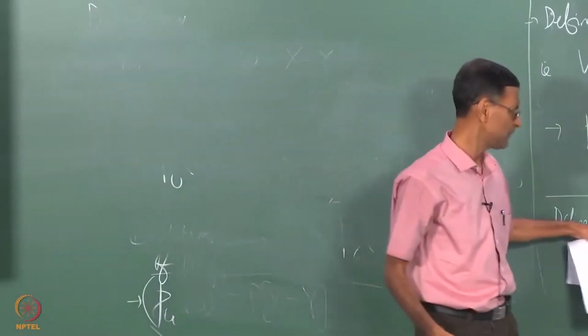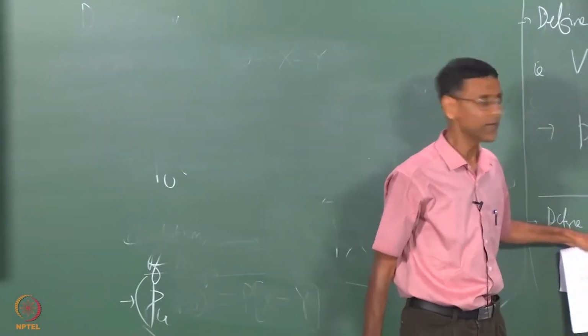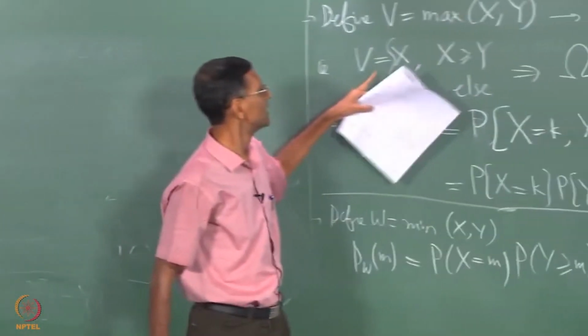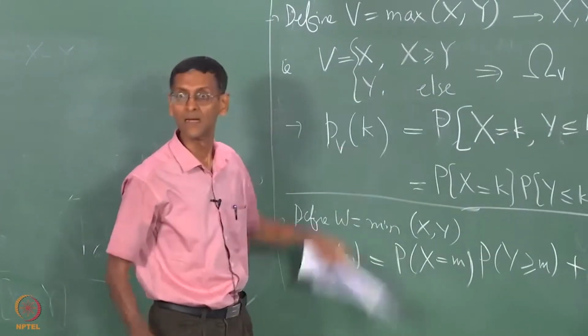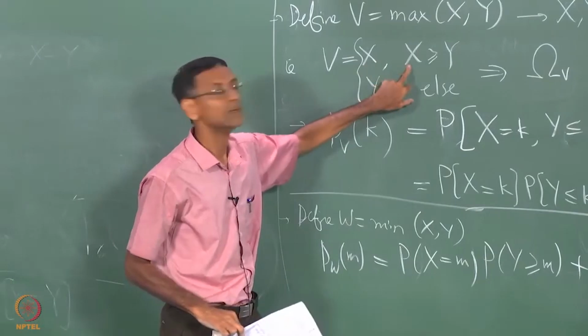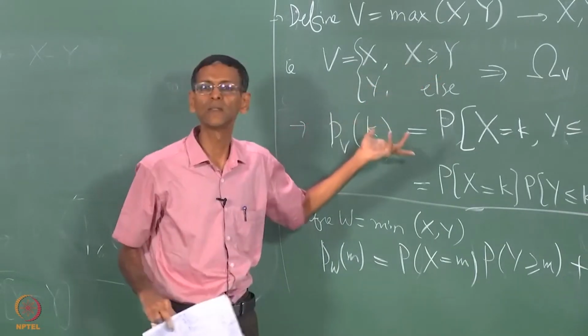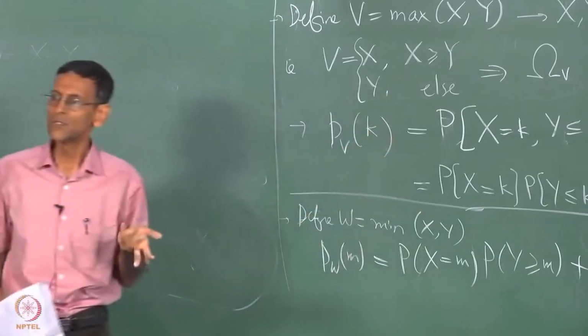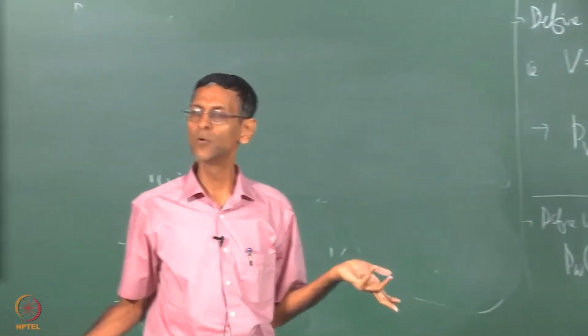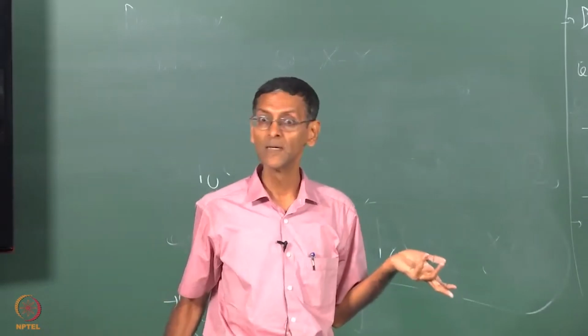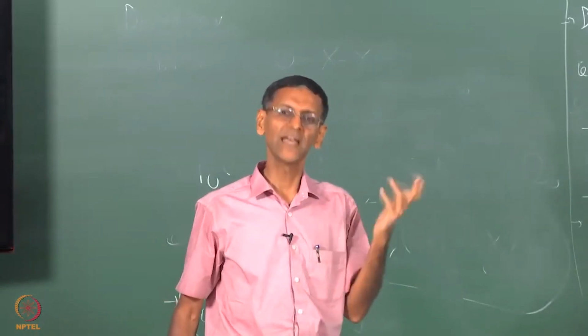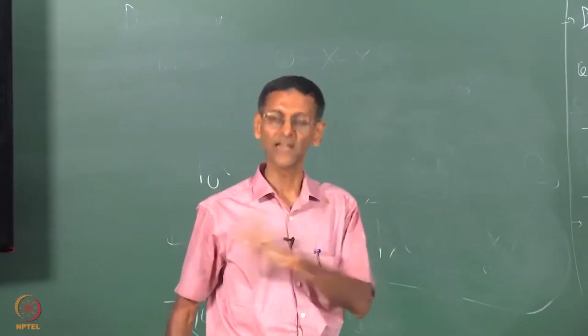I hope, before proceeding further, minimum is okay, right? So how do I define minimum? W equals X for X smaller than or equal to Y, and it's Y otherwise. So once you know X and Y, you know both the maximum of X, Y and the minimum of X, Y. Remember, one of the X and Y has to be the maximum and the other one has to be the minimum.